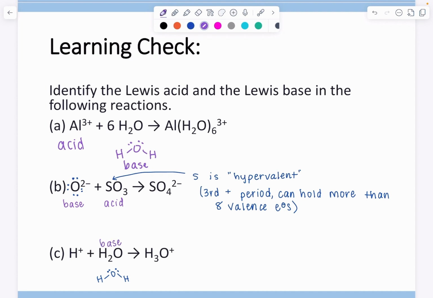And then H+, if you remember what H+ is, it's hydrogen without any electrons, so it can accept electrons. This is the acid. All right, open shell atoms or atoms that can accept electrons can act as a Lewis acid. Molecules or atoms with electrons can share them and be the base.